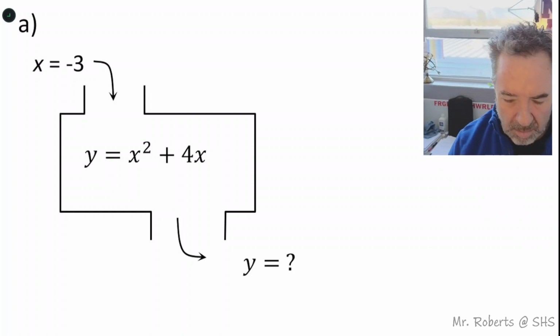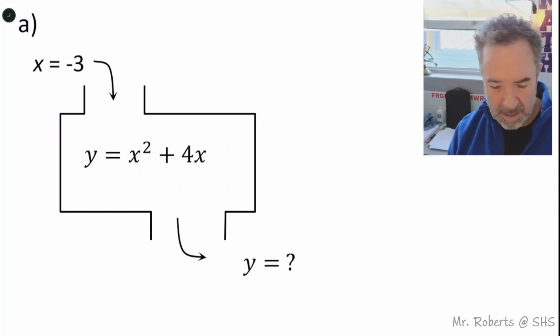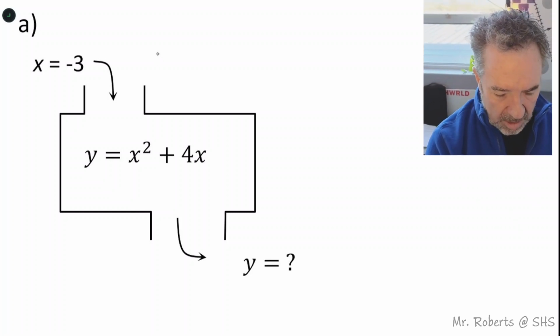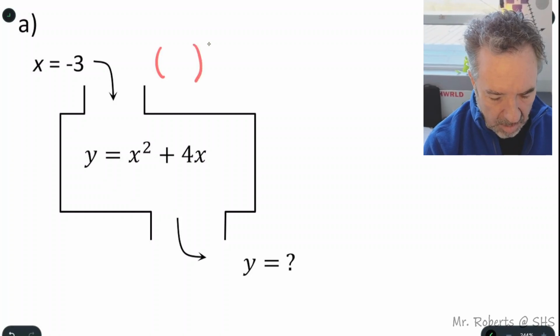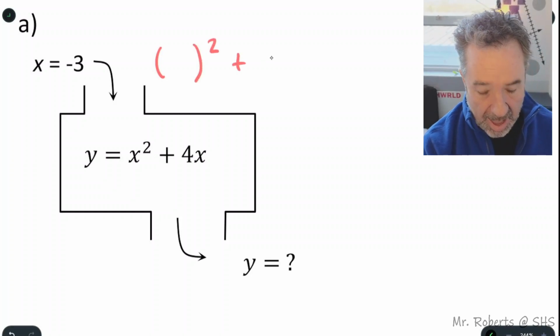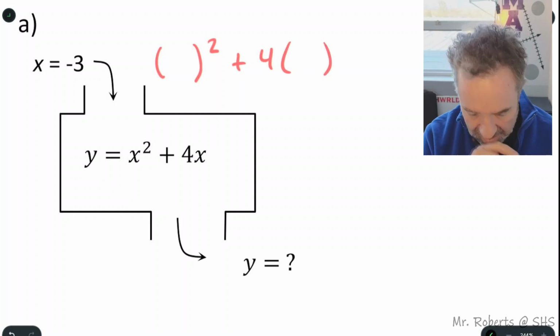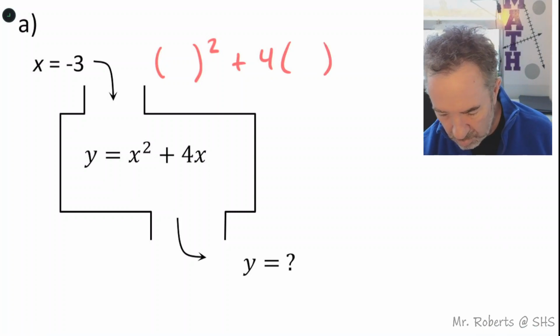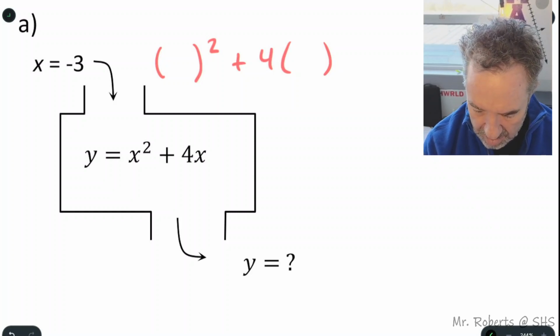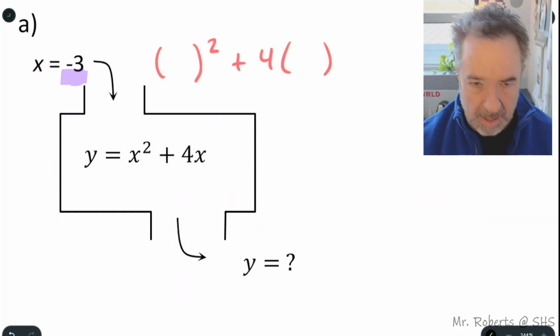So I think one of the problems might be when we're writing this down. We should say, look, x is going to get squared, and then we're going to add 4 times the value of x. Now that I have that set up, I can ask, what is x? Well, x is the value -3.